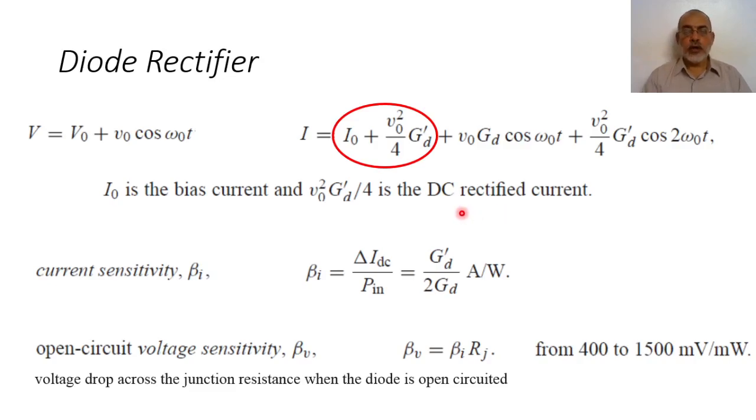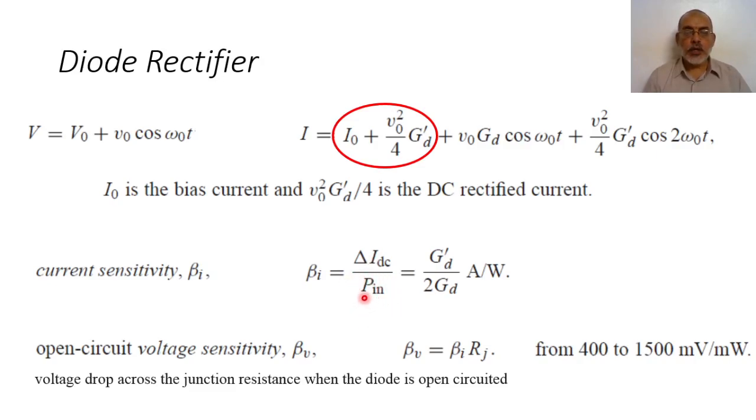We are going to define the current sensitivity as beta I, and we are going to define this current sensitivity as the incremental change of the DC current with respect to the input AC signal, the incremental change of the DC current with respect to the input power.